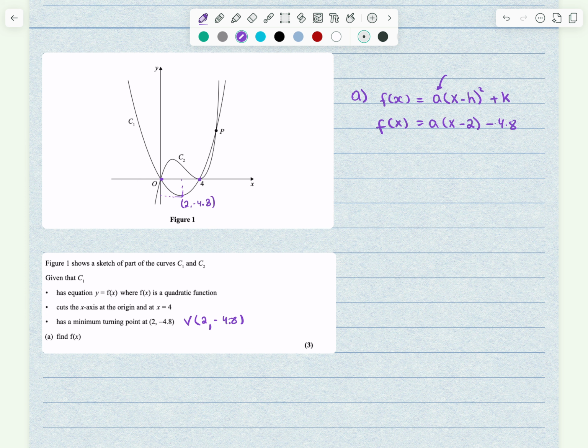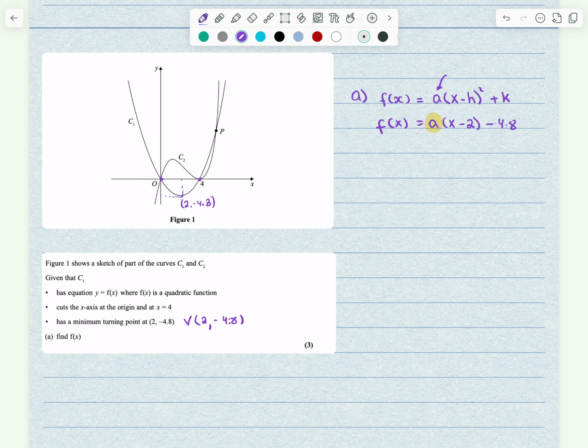If you know the vertex or turning point and one point on the curve, you will be able to find the equation. The only problem is just a, so we use one point on the curve to find a, and then we know the equation.